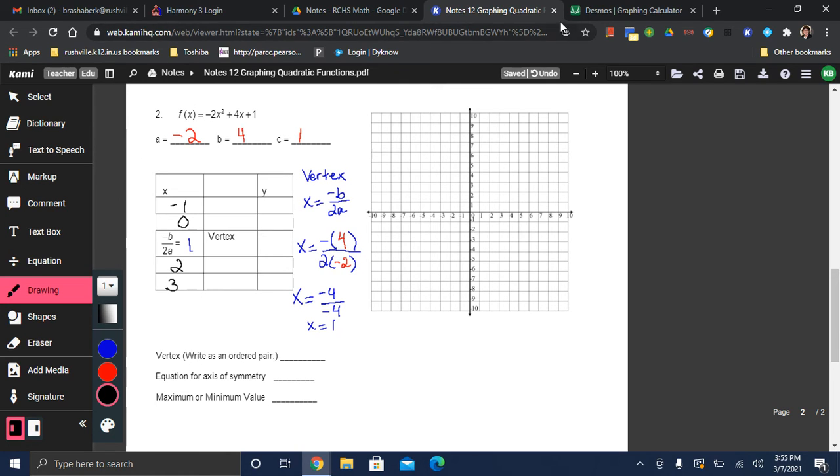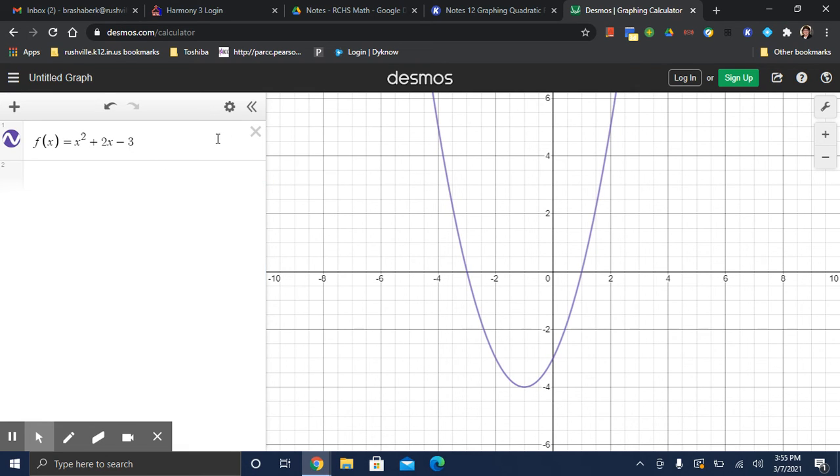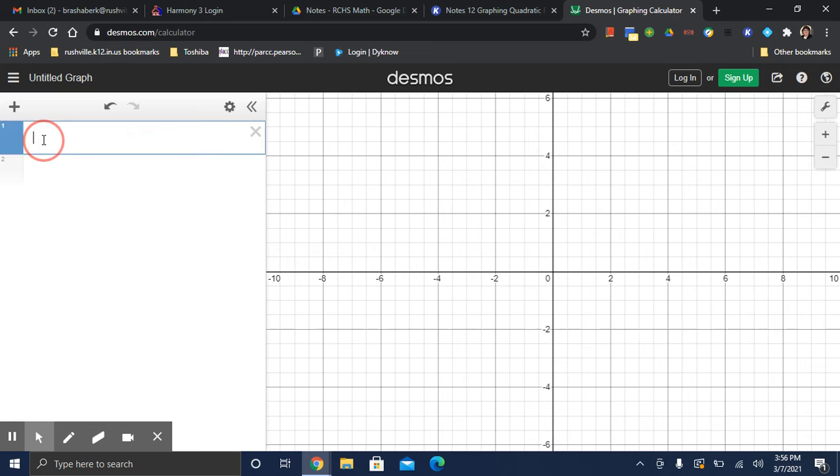Now we'll go back to Desmos. We need to retype in. Now you could just type over the one that you have, or you can hit an X and start completely over. So here we have f of x equals negative 2x.